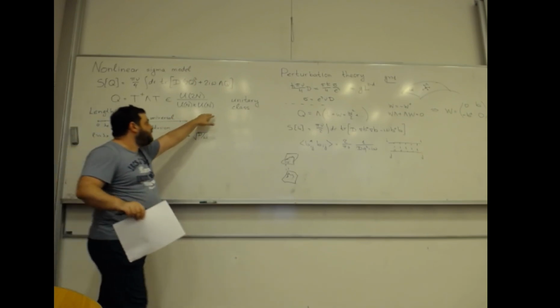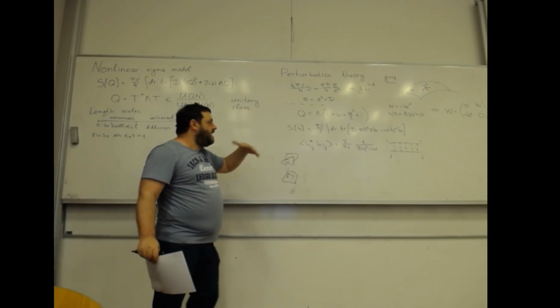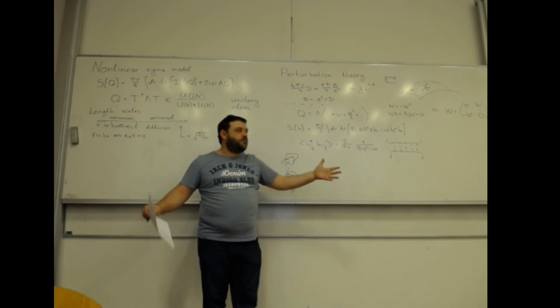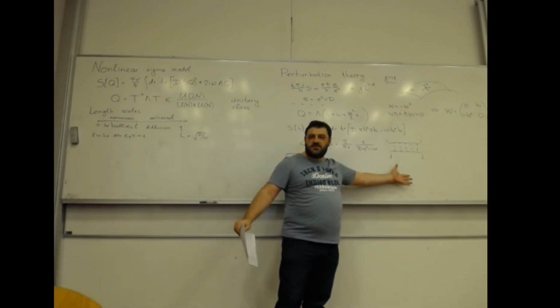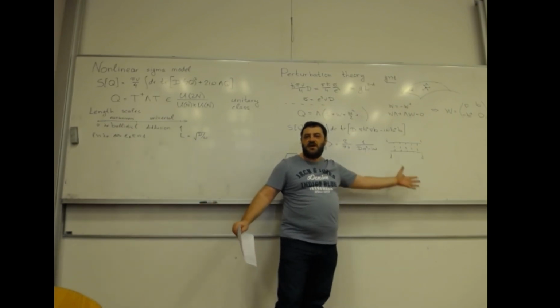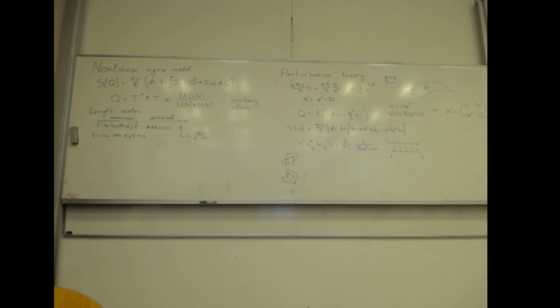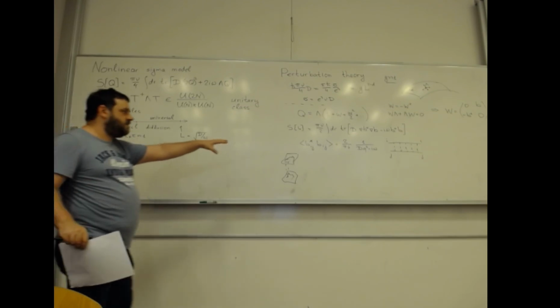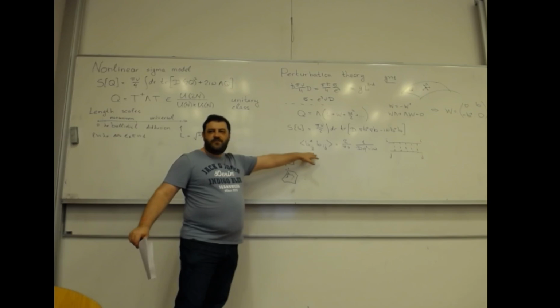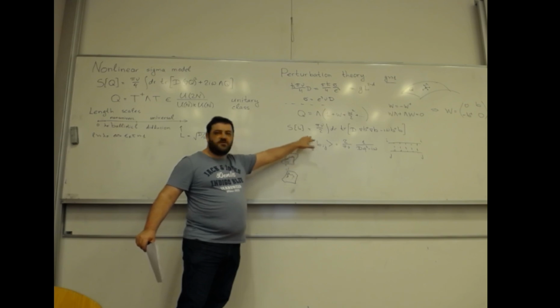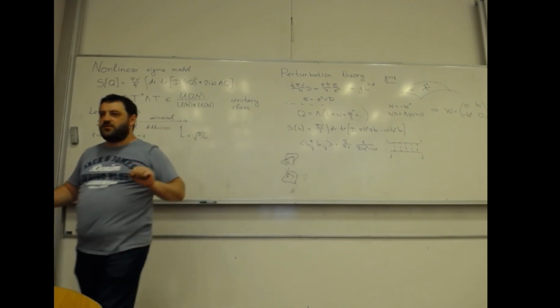So this is the sigma model of the unitary class, and it does not contain Cooperons, only contains diffusons. There are no Cooperons in this model. That's why it's impossible to get a one loop correction. And later today, in this lecture, I will show you how to compute this second order correction for the unitary class exactly from this model.